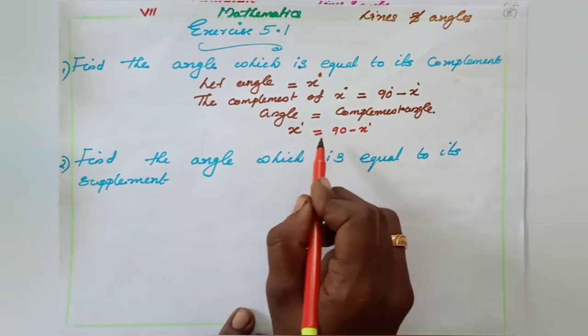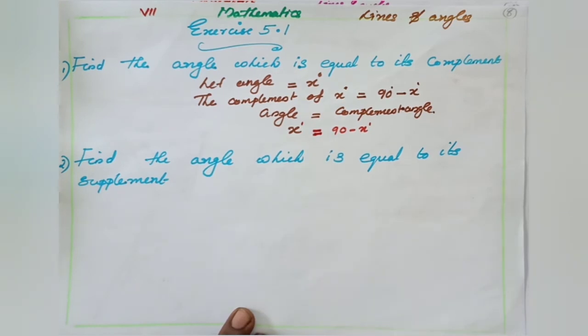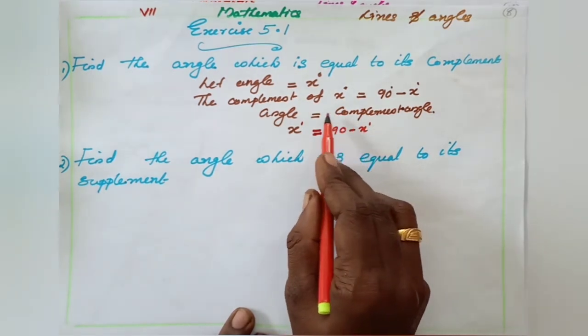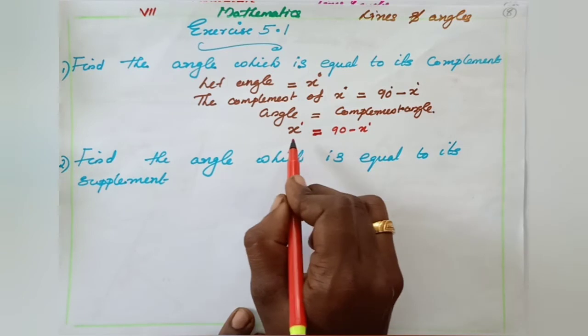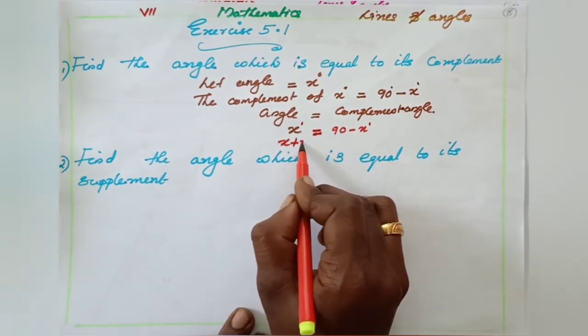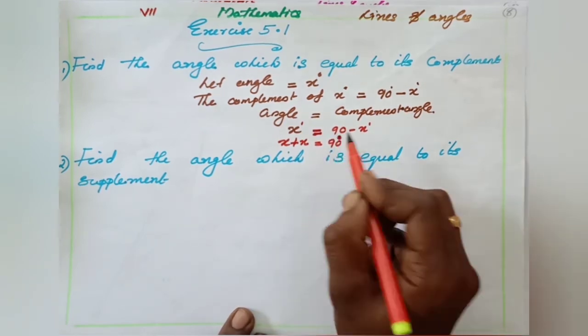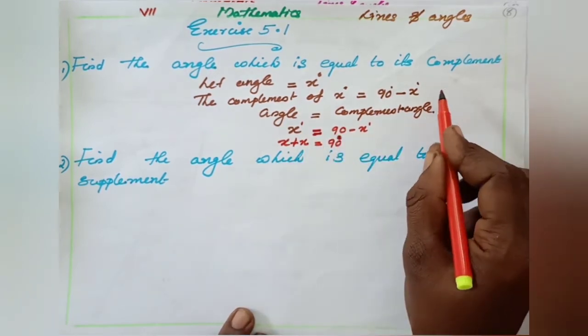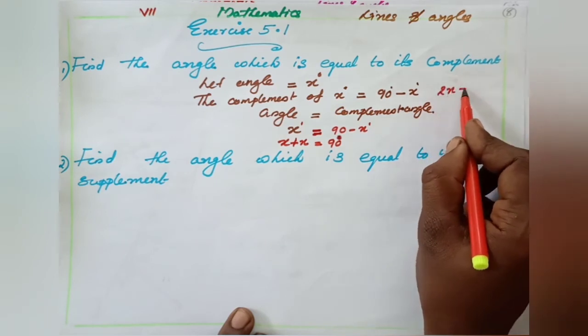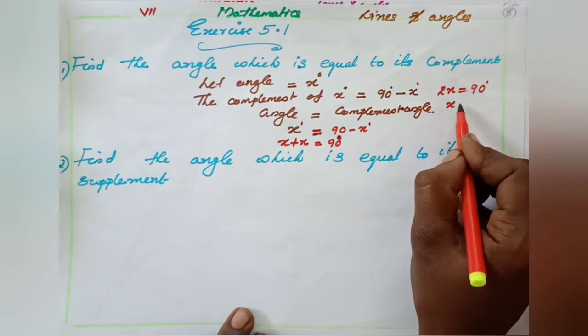Now solving this by simple equation solving. Take the minus x to the left side and change the sign. Minus x becomes plus x, equal to 90 degrees. So x plus x is 2x equal to 90 degrees.